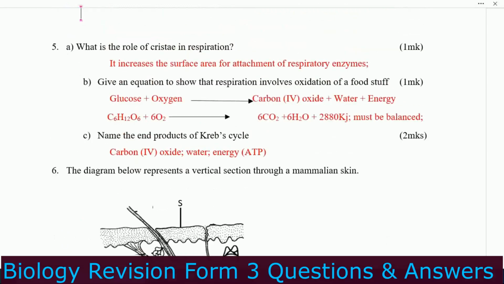Go to the next one. We told you what is the role of cristae in respiration. It increases the surface area for attachment of respiratory enzymes. Number 5B, give an equation to show that respiration involves oxidation of a foodstuff.